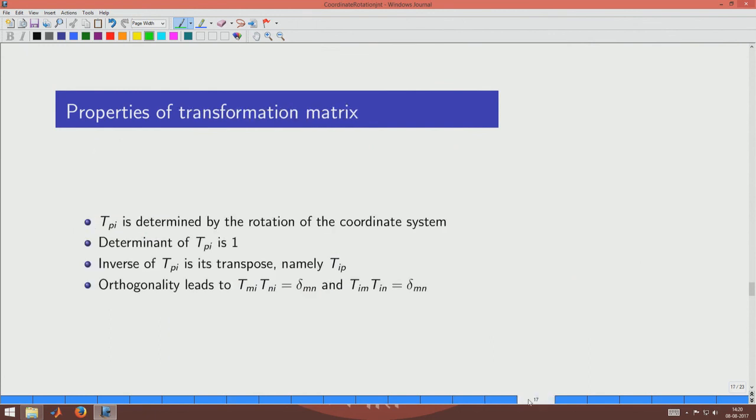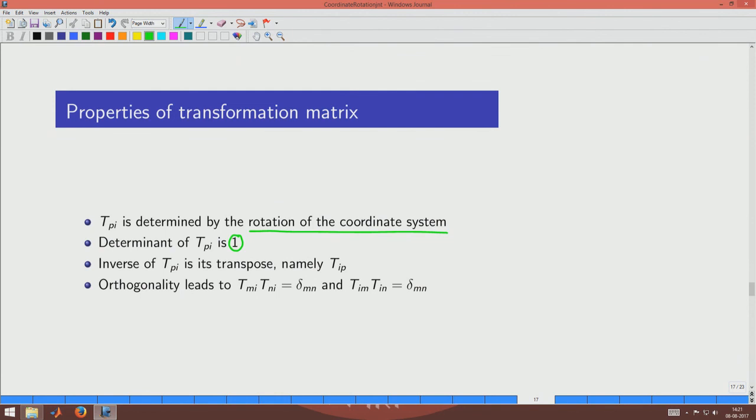Okay. Now, there are some more properties of the transformation matrix that we can use. We can say that the transformation matrix is completely determined by the rotation of the coordinate system. So, whenever we know the rotation, by what axis and by what amount, then we can determine the elements of T completely. The determinant of T is 1. The reason why this is so is because we are talking about a pure rotation.